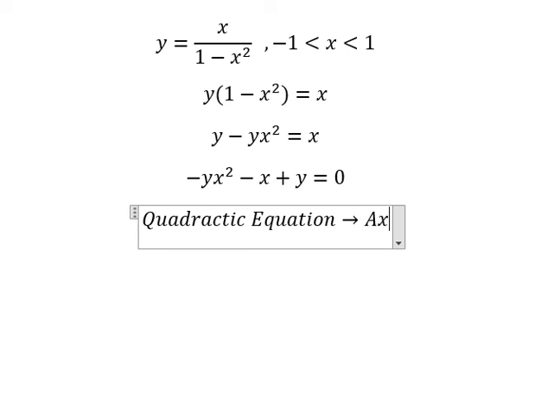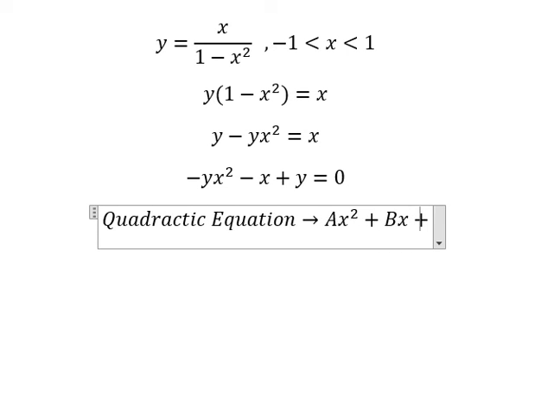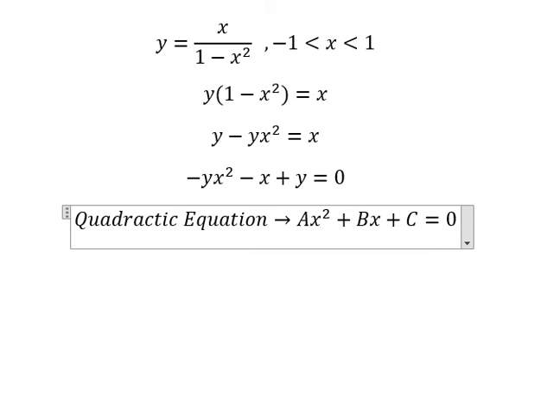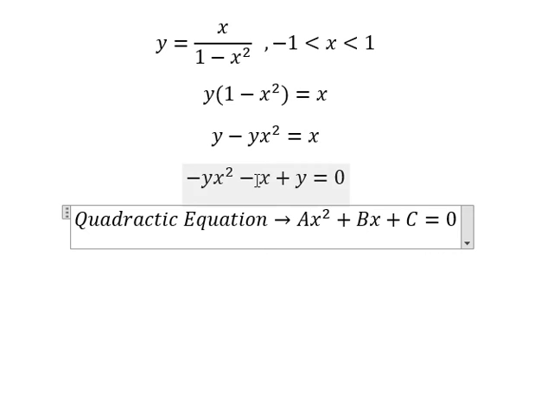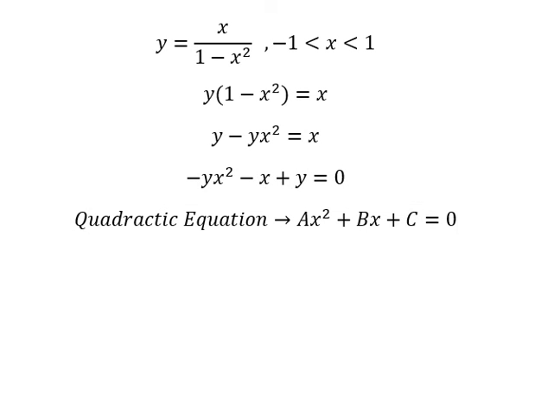So that is about a s squared plus b s plus c equals 0. So in this situation, we see that a equals negative y, b equals negative 1, c equals y.